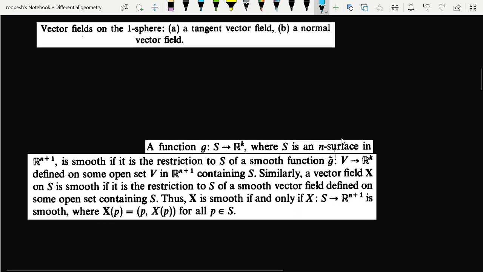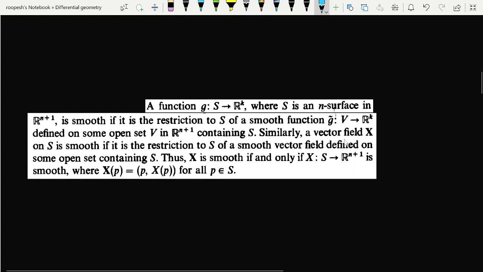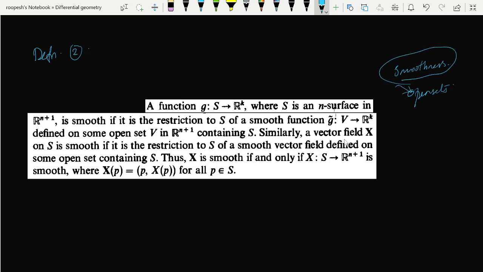Now another definition is smooth vector fields. Definition 2. See, here the problem is that whenever you are dealing with smoothness, we are always going to deal with open sets, right? We define smoothness on open sets, but here in surfaces we will say that a function on an n-surface is smooth.